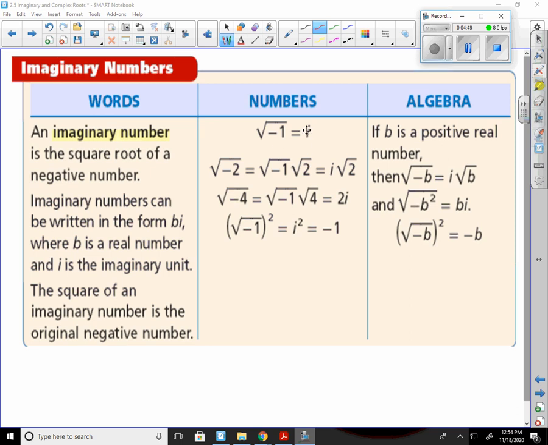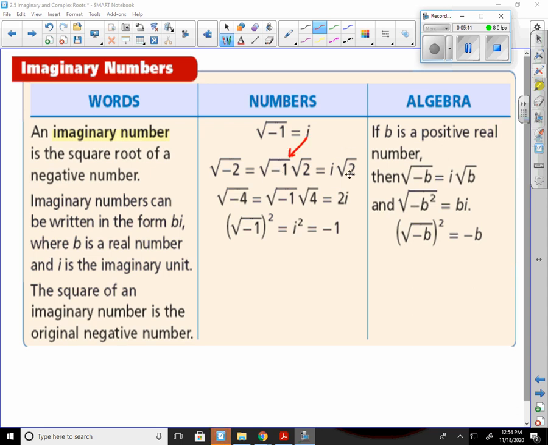So if I'm looking at this center column of the table, square root of negative 1 equals i, because that's our definition. Square root of negative 2, we would break it up and do negative 1 times the square root of 2. Then we can take the square root of that negative 1 as i.